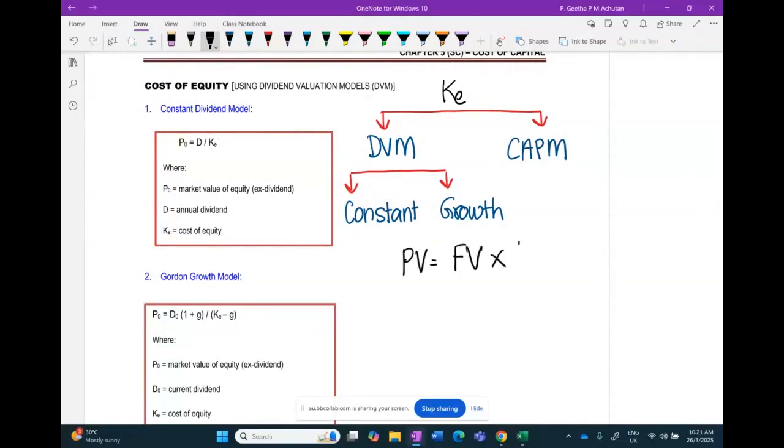Your formula for discounting. The present value here is your share price, PO. The share price is determined by the dividends paid to your investors. The future value is the dividends. Every year I pay 50 cents dividend forever. Forever. 1 over R, perpetuity.